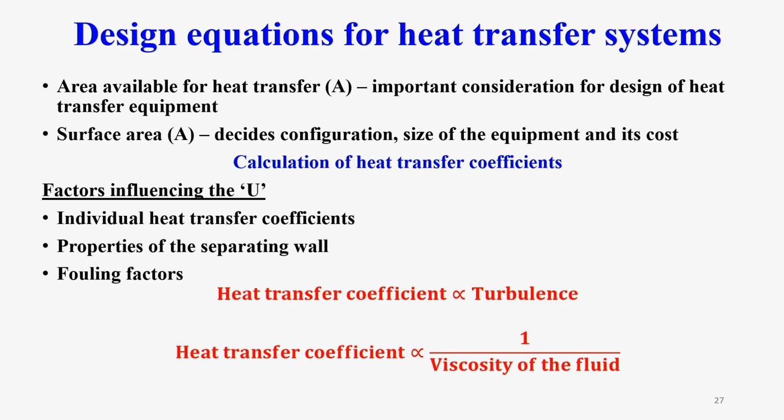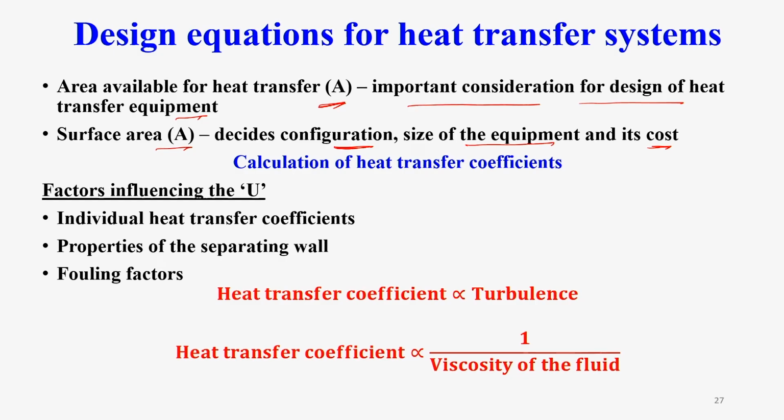So going further, as we have discussed, the film thickness, particularly near the solid surface, affects the heat transfer coefficient. The area available for heat transfer is an important consideration for the design of heat transfer equipment, and surface area depends on the configuration, the size of equipment, and ultimately its cost.